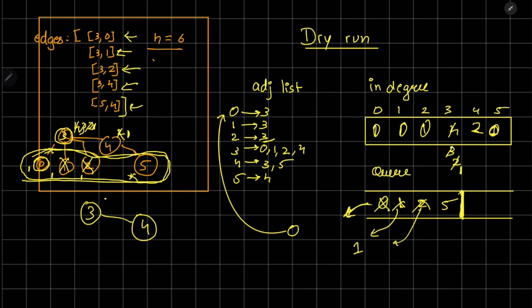And now this 3 has a degree of 1, so we will have to push it into the queue, and when we push it into the queue we will also decrement it by 1 and make it 0, so that we don't come across it again as a leaf node. Then we'll pop 5. 5 has 4 as its neighbor, so 4's degree will be reduced by 1 and it becomes 1, so it is also a leaf node, so we will push 4 into the queue.